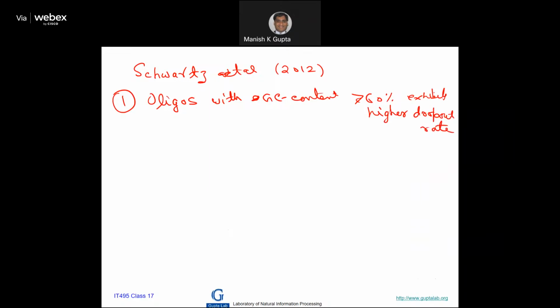And most PCR errors, polymerase chain reaction errors, occur in GC rich regions. So this is the observation. So ideal is that the GC content should be around 50%.